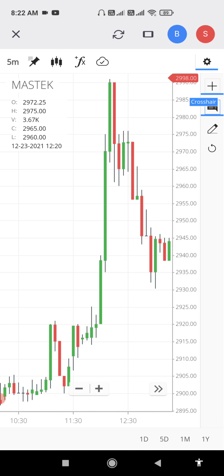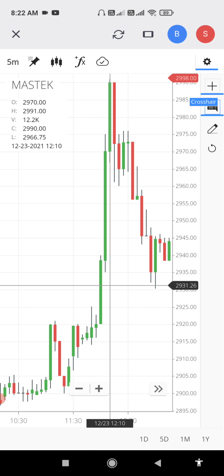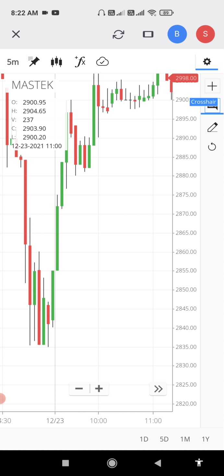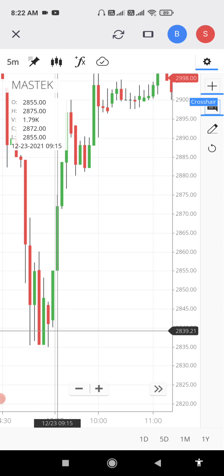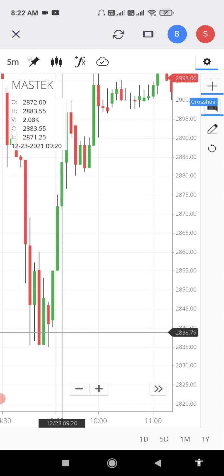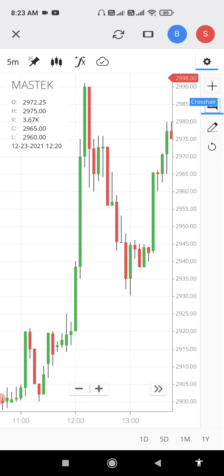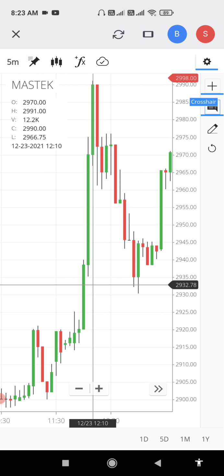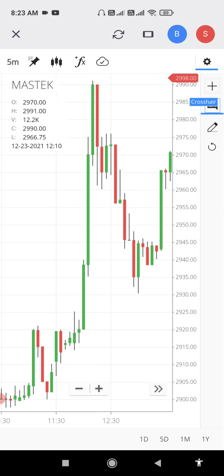From 920, see this rally, the opening price is 2872 and it went up more than 100 points.